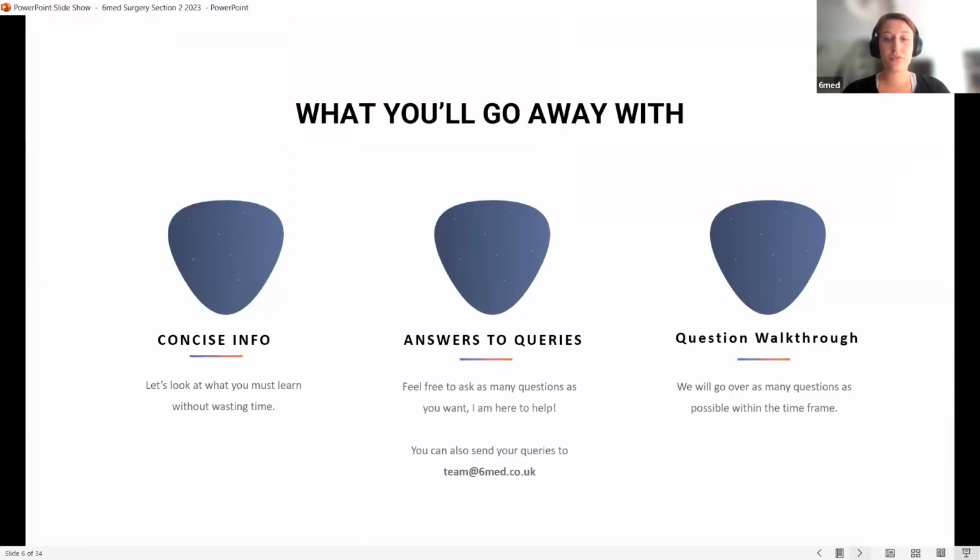What we'll go through today is essentially concise information. I'm going to give you some tips, tricks, and common questions that come up in each topic. Then we've got a Q&A at the end to answer your queries, and a question walkthrough. The idea is I'll give you some time to have a go at the questions. The exam would be about a minute, so I'll give you slightly longer than that.